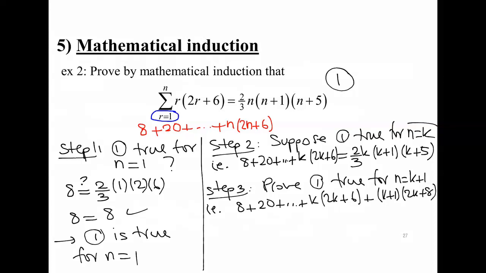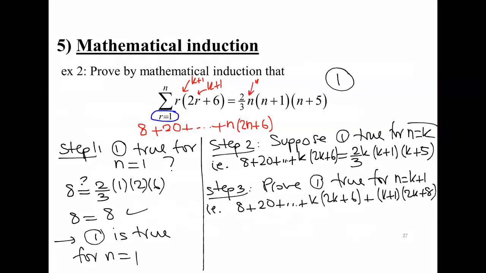Over here, what I did is basically replace n or r on the first side by k plus 1. So I end up with k plus 1 into 2k plus 2 plus 6, which is 2k plus 8. And I do the same thing on the right hand side.